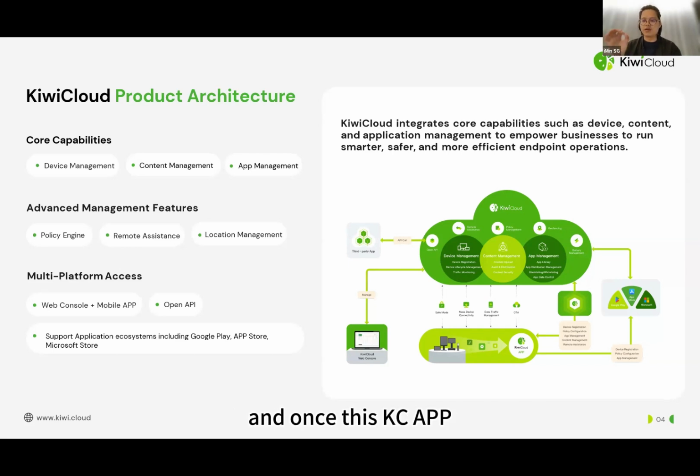Once this KC app is installed, it's an arm that we can gather information. We can send out different commands to the device, and then we can get all those necessary data back from the device end.